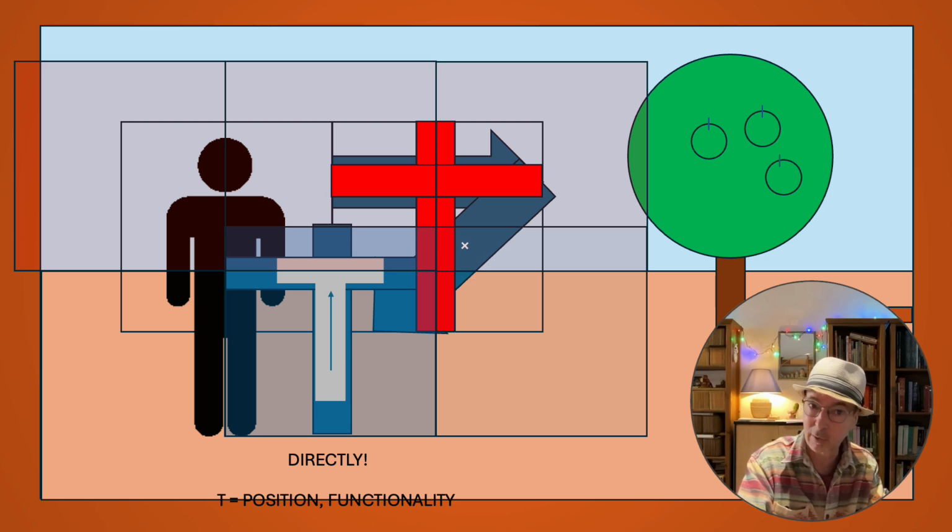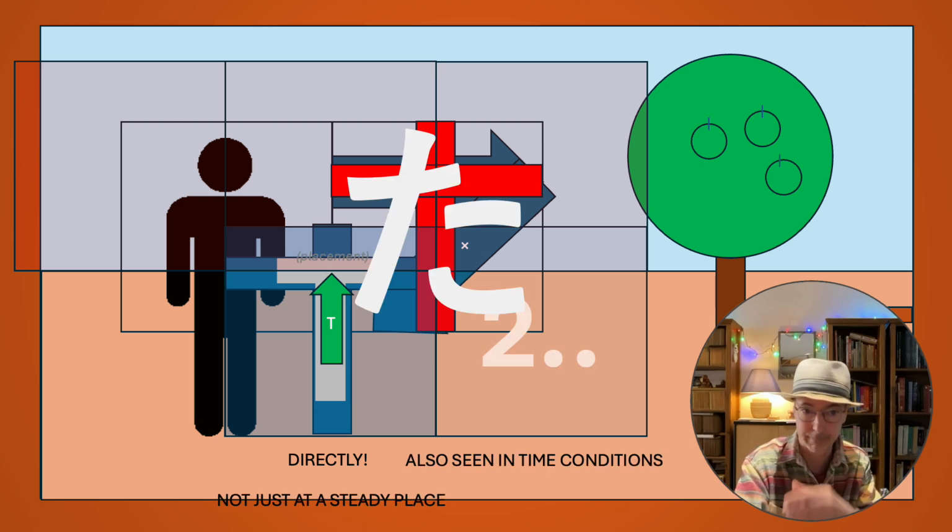So we check it also in the time frame. We check it directly, but we also check it in the time conditions. Is it still repeatable? That's where you recognize the number 2 there. We have the stable condition, and can we still repeat it?